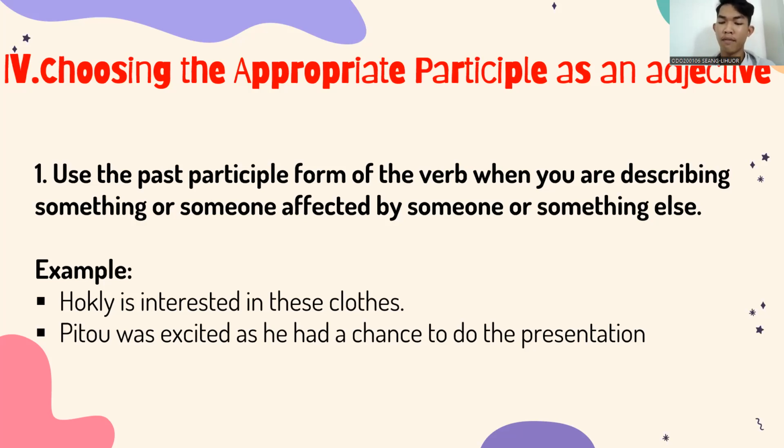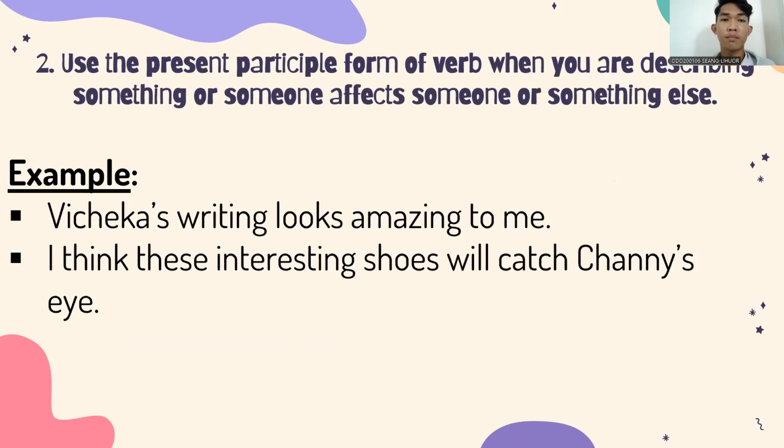Affected by, not affect. And the present participle means that something or someone affects somebody or someone. So make this point clear, so you may not make any mistake about the present participle and past participle.